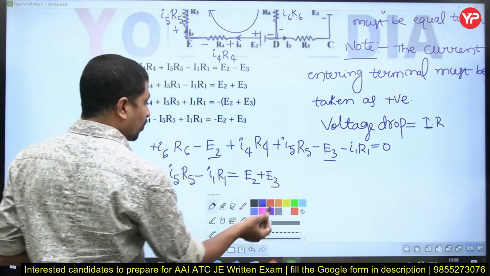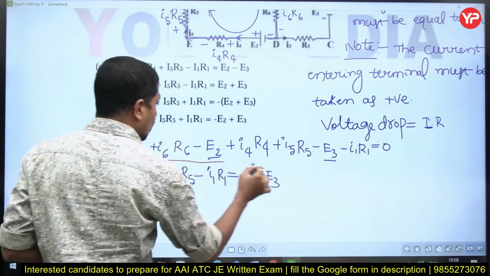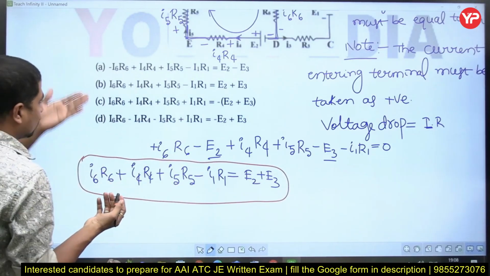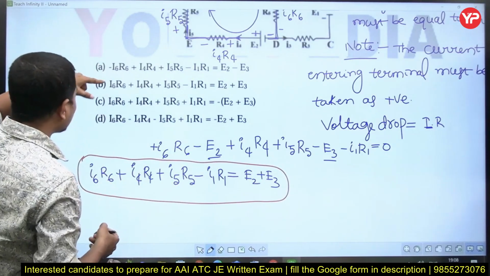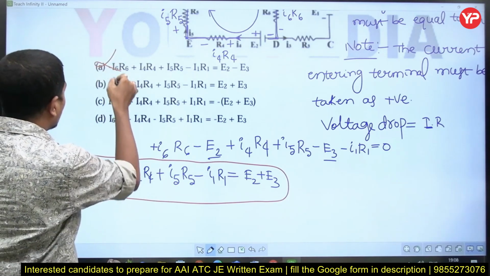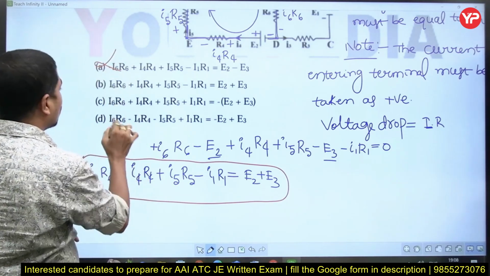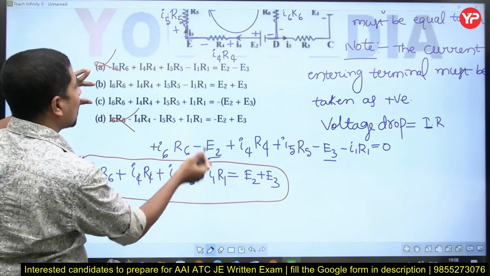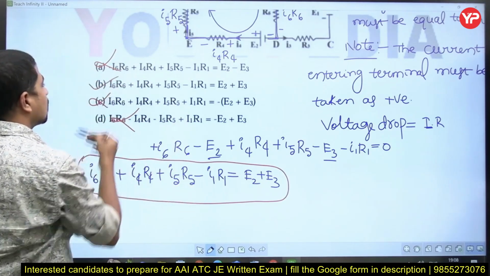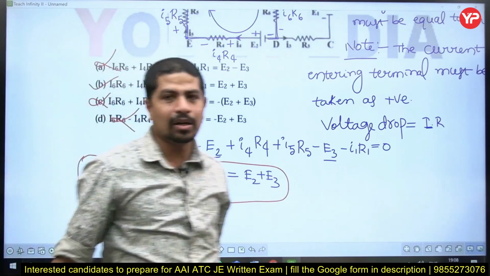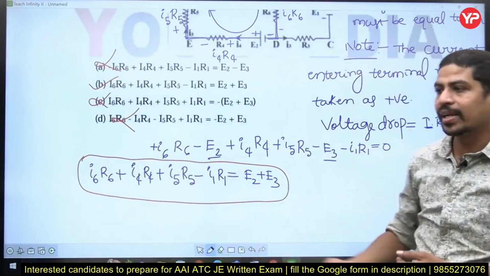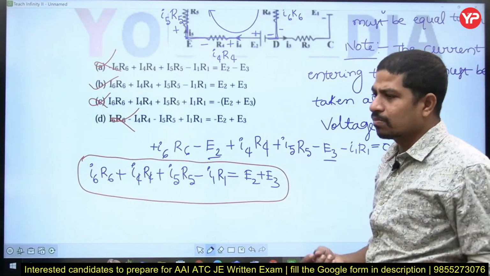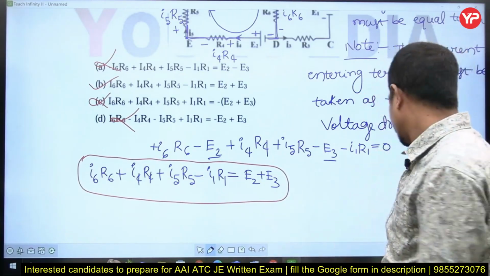Check which of the given options is going to match. Plus I6, this is not correct. Maybe plus I4 R4, this is not correct. Either B or C. Plus I5. Minus I1 R1, therefore C is also not correct. Option B is suitable. I eliminated the others. My answer is option B. You can check it very clearly. Option B is perfectly going to match for the answer, right? See, very easy, right?